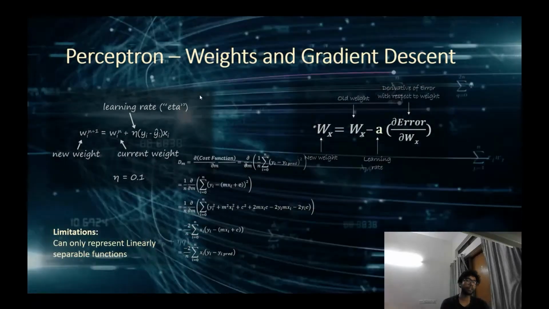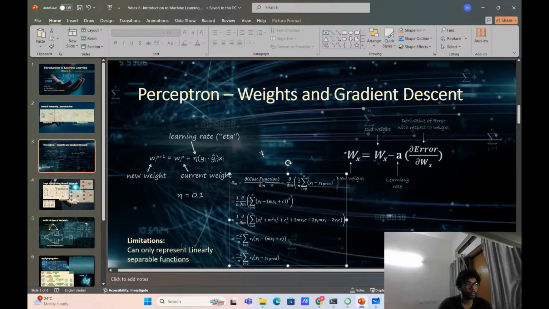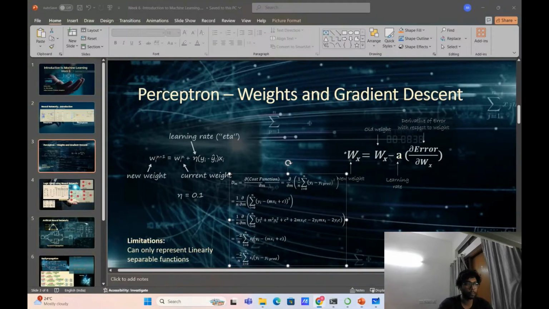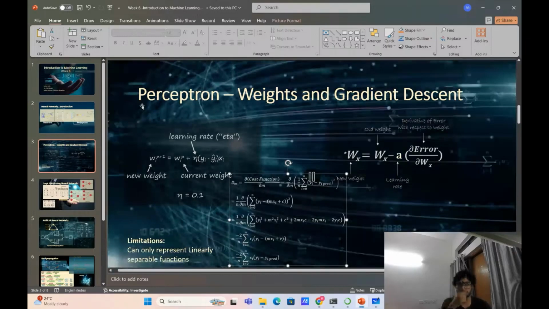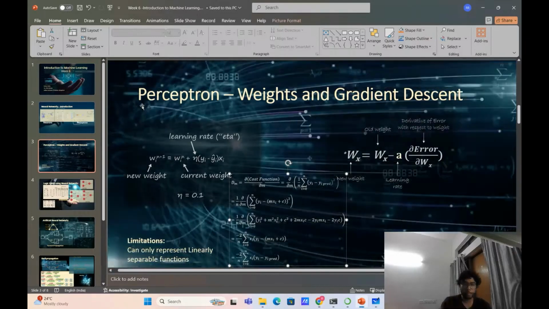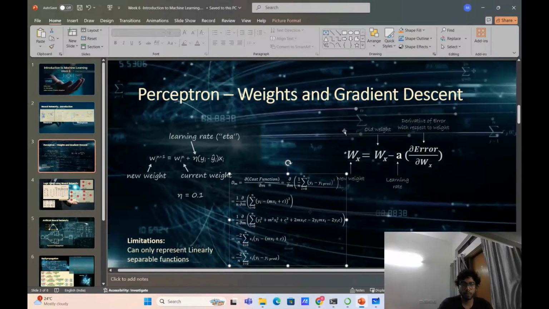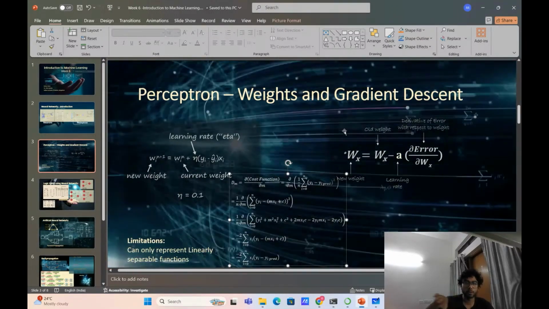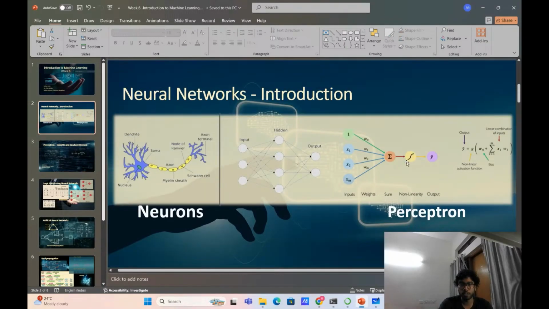Now, how do we update the weights in the case of a classification problem? If you recall from logistic regression, in classification problems we used to pass the signal through a sigmoid function. We do the same in our case also.